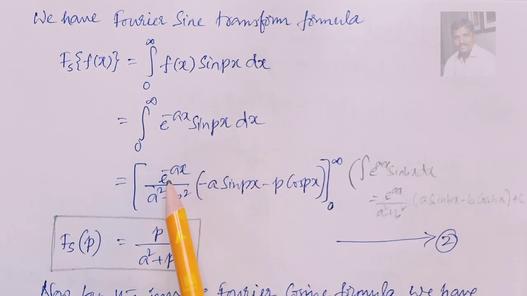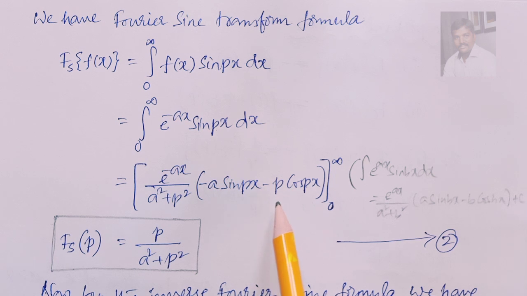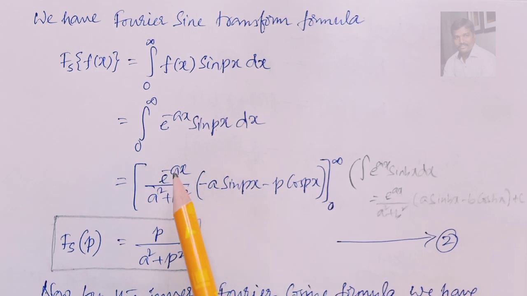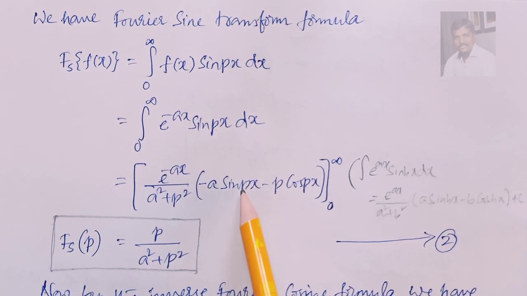Now applying the same formula, e^(-ax) by (a² + p²) times (-a sin px - p cos px) from limit 0 to infinity. For the upper limit, this is 0. Now minus of the lower limit: e^0 is 1 by (a² + p²), sin 0 is 0, and cos 0 is 1.